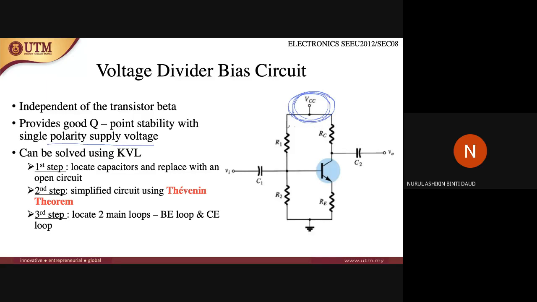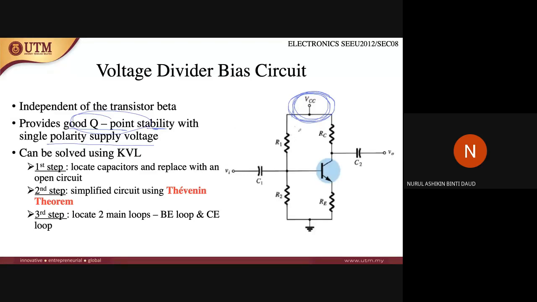Let's focus on this single polarity supply voltage. By using it, you will get a good Q point that is stable enough. By adjusting the parameter of IB, you will get a stable value for the Q point. So how? Let's look here.